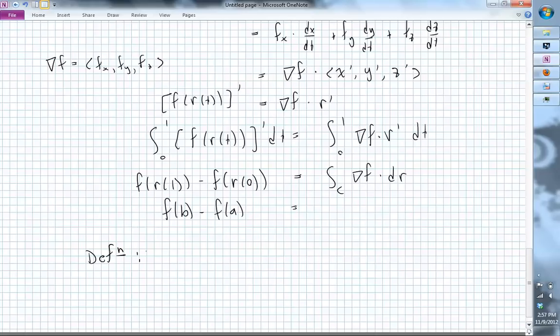So if F is a force field, or a vector field, and F can be written as the gradient of some little f, then F is a conservative vector field.